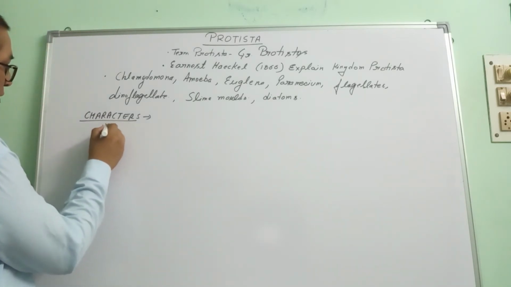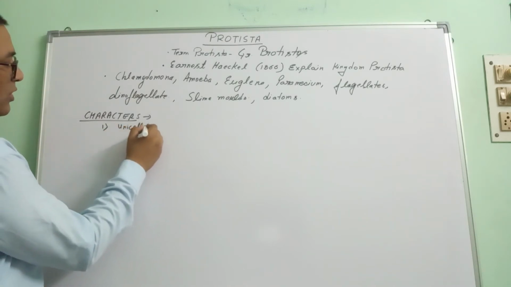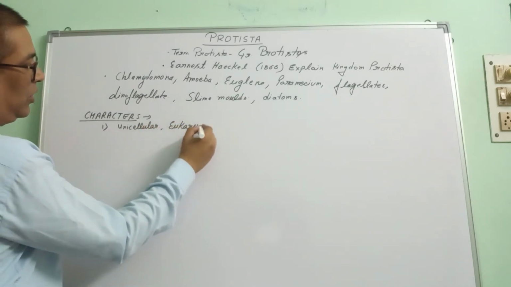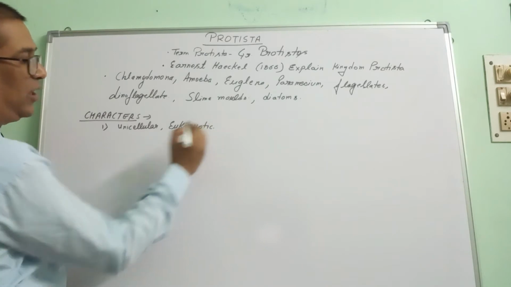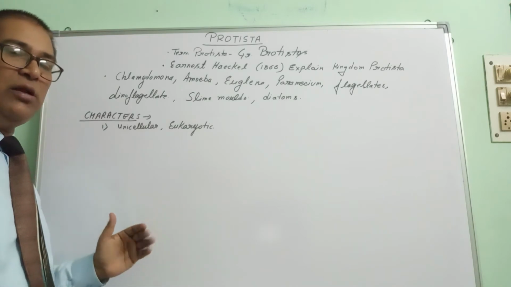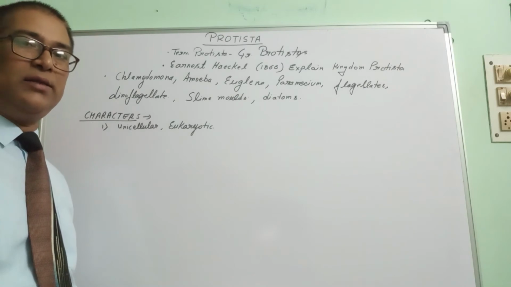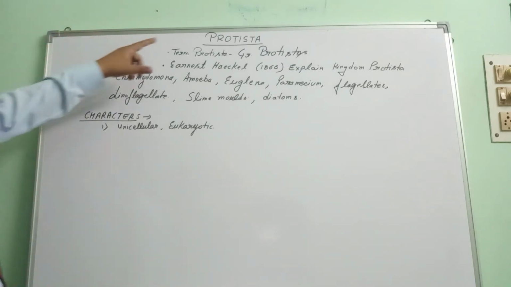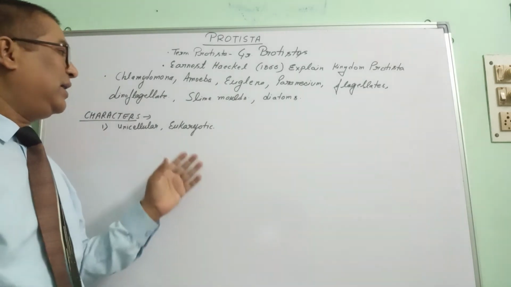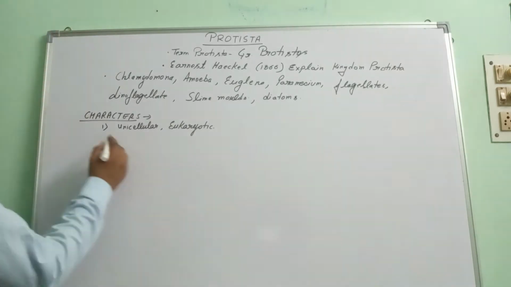Number one, they are unicellular and eukaryotic. Monerans are unicellular but prokaryotes. They do not have a well developed nucleus or cellular organelles. But in the case of protistans, they have cell organelles and they have a developed nuclear membrane also.